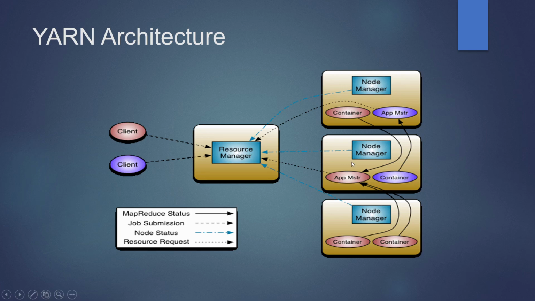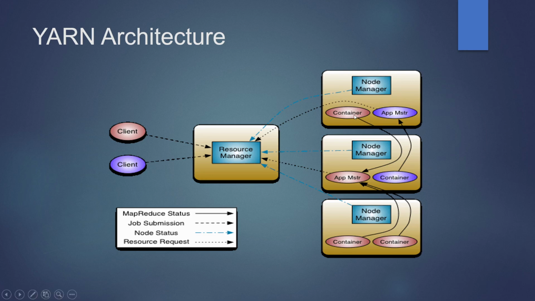The arrows marked here are node status. The node manager sends the status to the resource manager. The dotted black lines are resource requests. Application master requests resources from the resource manager. In the same way, the client requests resources from the resource manager. The bold lines are to mention the status of the jobs.